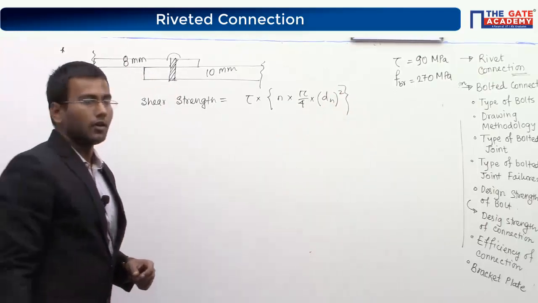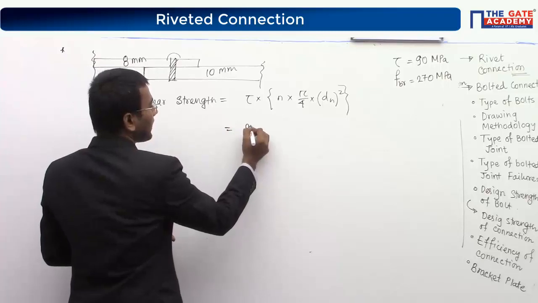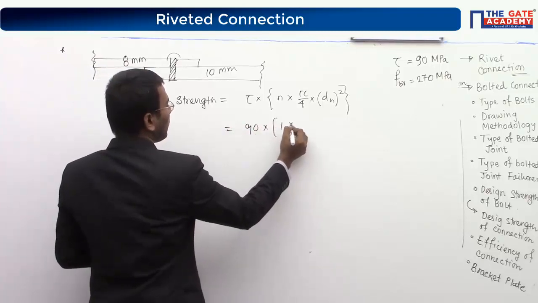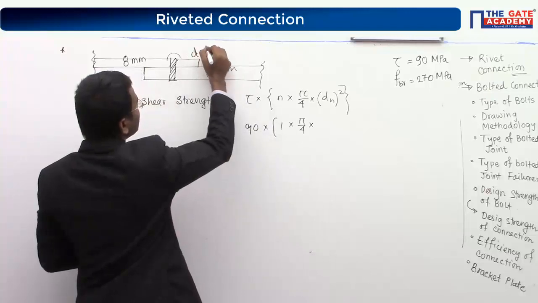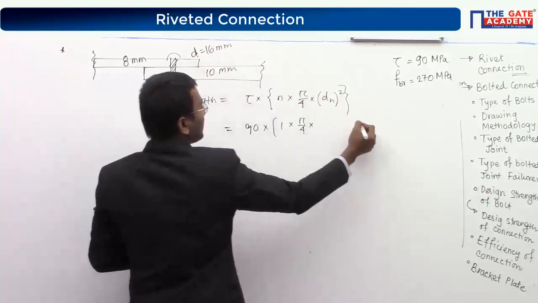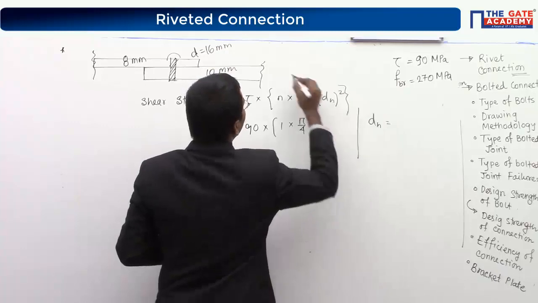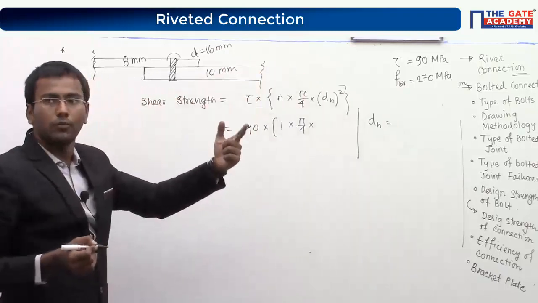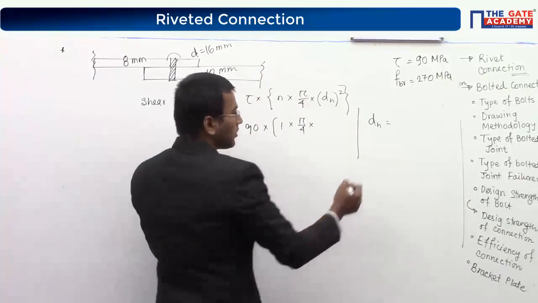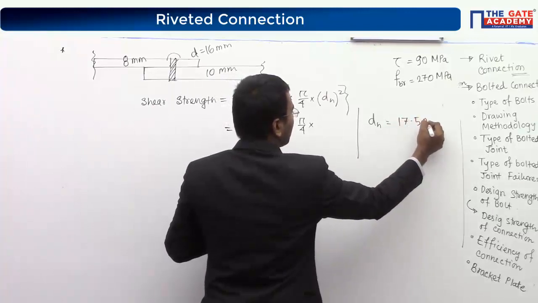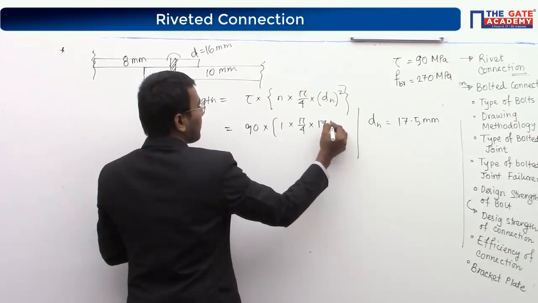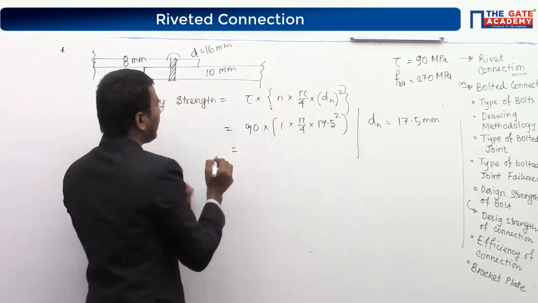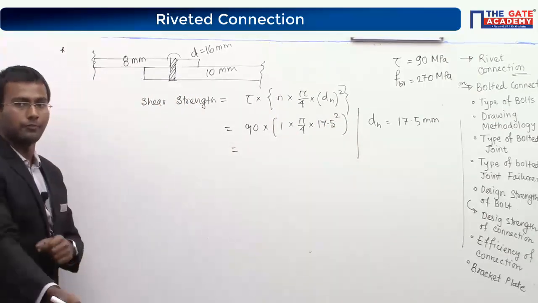Fine. Shear stress is given as 90, number of planes 1, pi by 4 into dh, d equal to 16 mm. So dh becomes 16 plus 1.5, so it will be 17.5 mm. So 17.5 mm whole square. So you can find out the shear strength value.